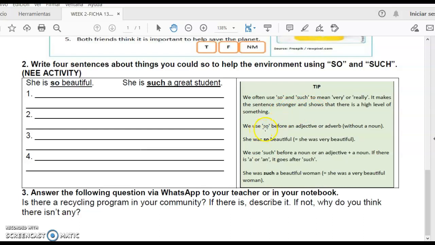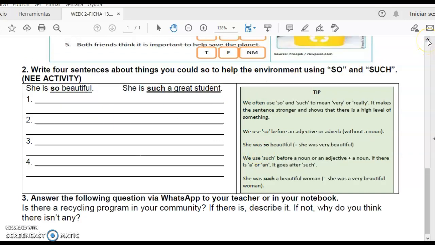We use so before an adjective or an adverb without a noun. Just an adjective or maybe an adverb. For example, she was so beautiful. Look, beautiful is an adjective, and so is before the adjective. She was so beautiful. She is so beautiful.